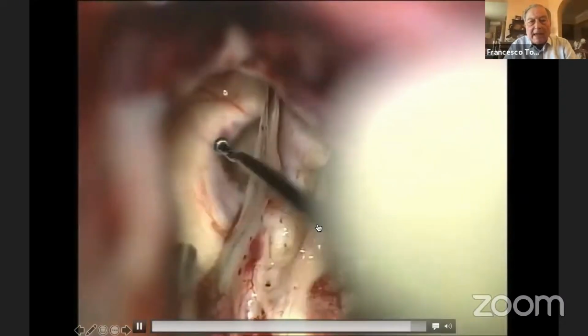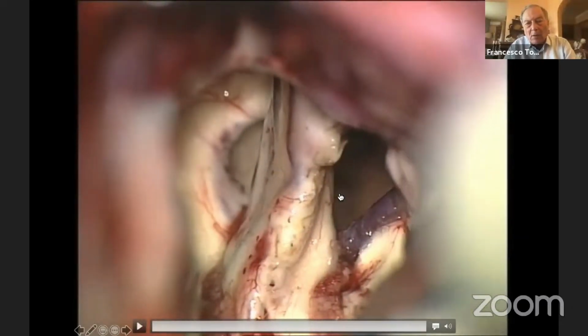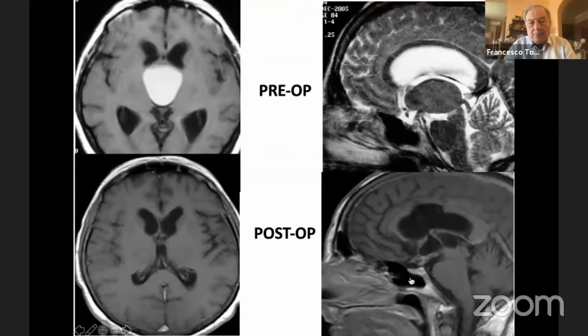And you see that we can check both foramina of Monro, as in this case. And here we have the thalamostriate vein absolutely preserved, as you see here. And this is pre-op and post-op of this case.